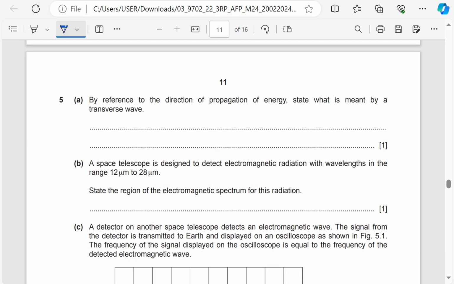Then question number 5. By reference to the direction of propagation of energy, state what is meant by a transverse wave.